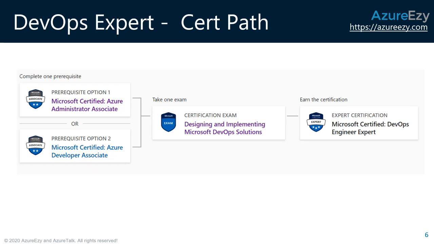So we are going to have the AZ-400 discussion, and you can appear for the exam, but from the certification or badge point of view, you should also have one of those exams cleared, that is AZ-104 or AZ-204, so that you can combine them and be eligible for the DevOps certificate.